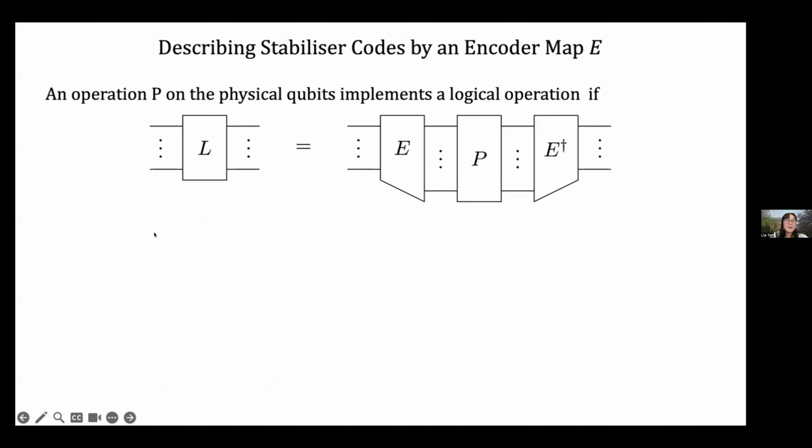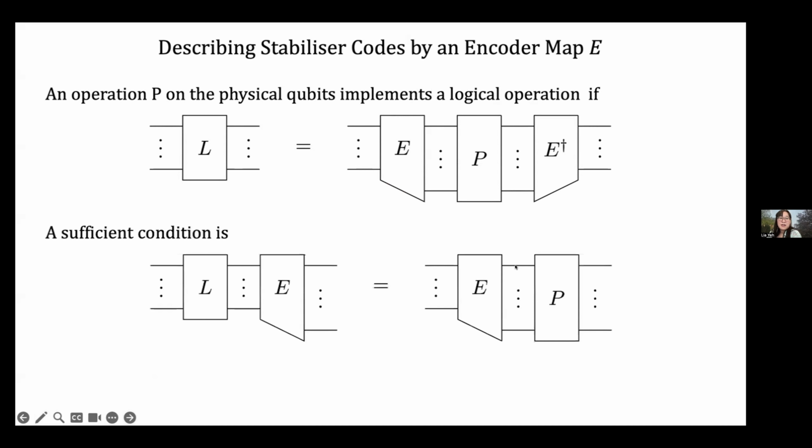An operation P on the physical qubits implements a logical operation if this K qubit map L is equal to the encoder map E, then this N qubit physical operation P, and then encoder dagger. This is just by definition.